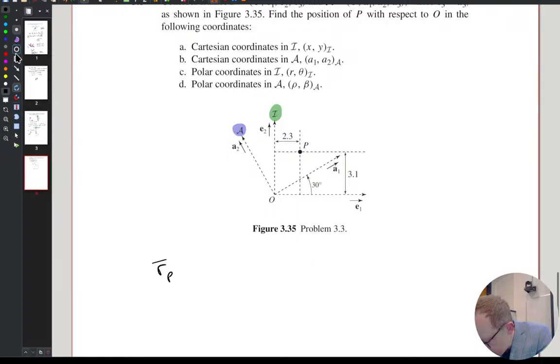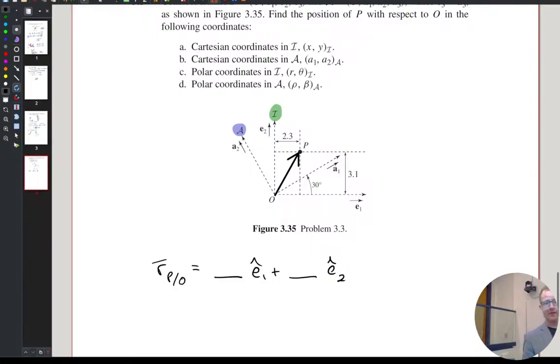So I want to say this is RP. First step is just, what is this vector? What are we dealing with? Where is it? So just using the E1 and E2 components.